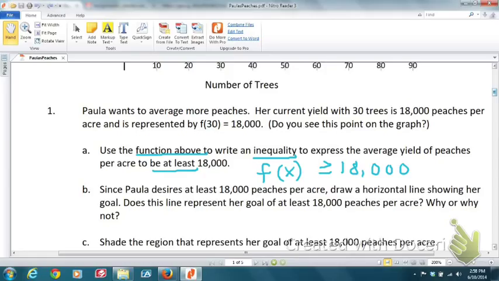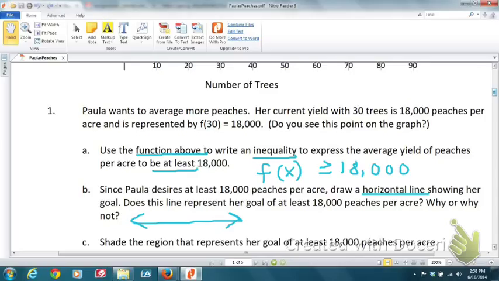B says, since Paula desires at least 18,000 peaches per acre, draw a horizontal line showing her goal. A key word here is horizontal. A horizontal line is a line that goes like this. Her goal is to have at least 18,000 peaches. 18,000 is on the y-axis.